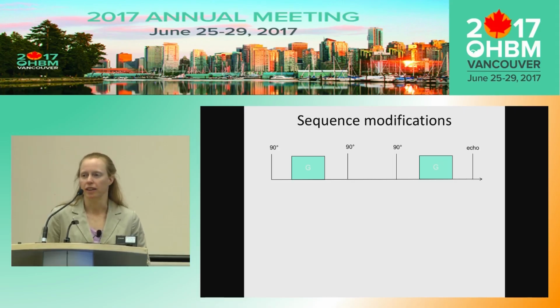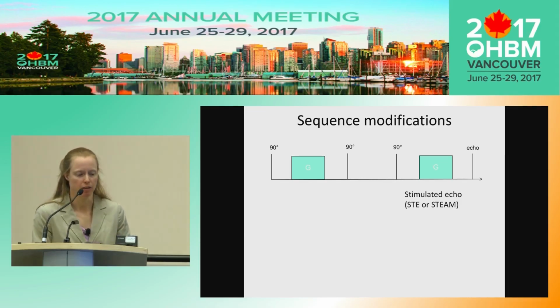And then you can just wait. At that time, you wouldn't have the T2 decay, so you can wait much longer than you could if you were limited by T2 decay, and then flip the magnetization back into the XY plane and finish your diffusion encoding. This is called stimulated echo imaging.